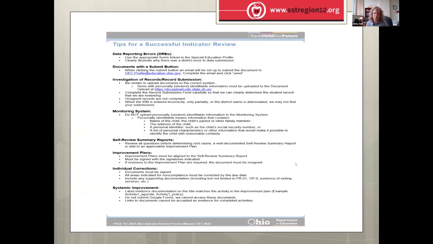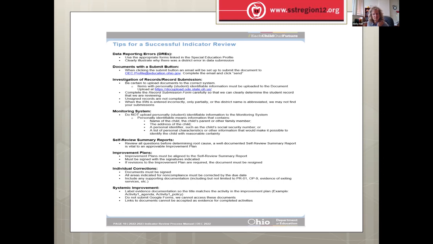And then these are just more of those general tips to help you be successful through this process. Just making sure that you're accessing the appropriate forms, and for districts who have more than one finding, some of the forms do look similar, but they are different, especially when we think about indicator 12.